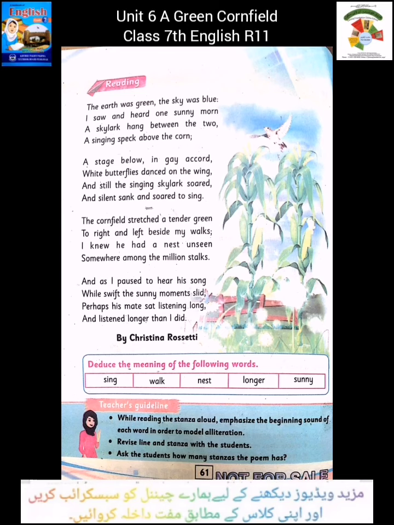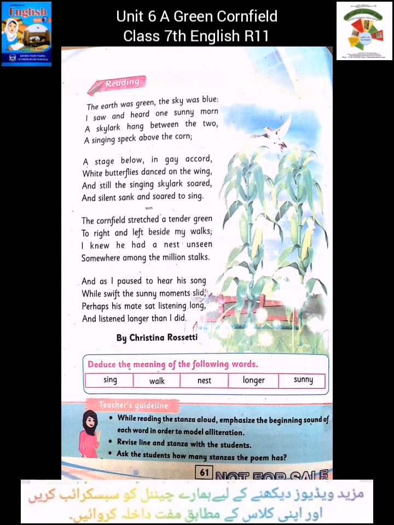So here the poet recalls a sunny morning she had spent in a green cornfield, listening to the beautiful song of the skylark. So she's trying to remember that the skylark was flying so high in the sky that it seemed to be a very tiny dot, hung between the green beautiful earth and the bright blue sky.